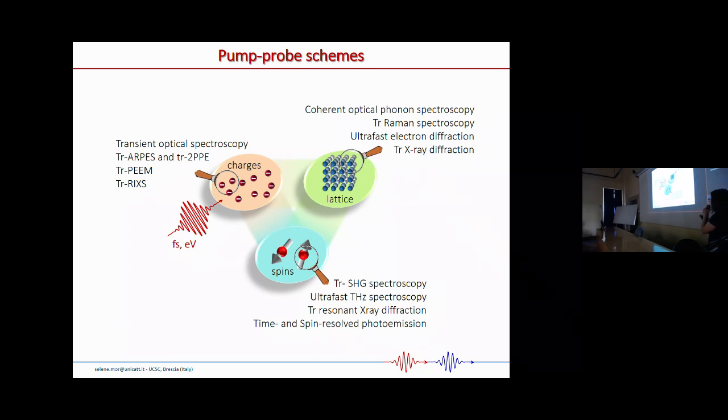Depending on what you want to probe, you can pick your steady-state spectroscopy and apply a pump-probe scheme. Probably the most recent one is time-resolved RIXS, which is mostly performed at synchrotron radiation sources. But Raman spectroscopy and coherent optical phonon spectroscopy are also widely used, and of this I will show you an example today.